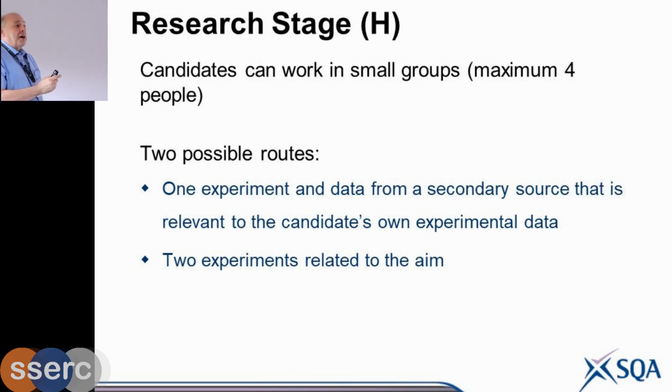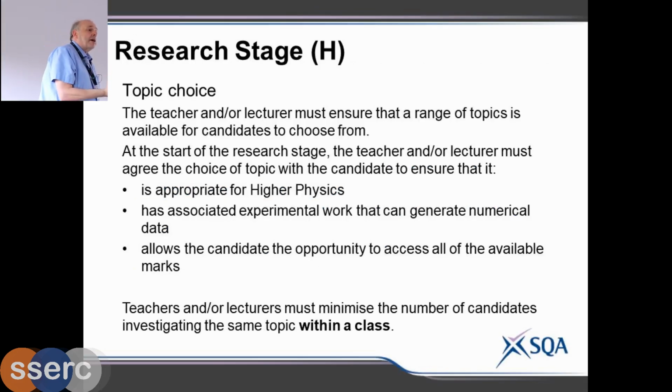Okay. Internally, the experiments that are listed in the course spec are ideal for this sort of thing. Something we know they're going to understand because it's at the right level, and they can give us the appropriate level of physics. We saw a few that were at too low a level, and okay, they still picked up marks for data and graphing and things like that.